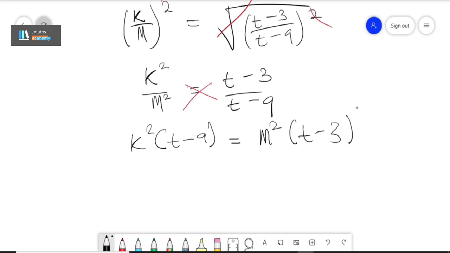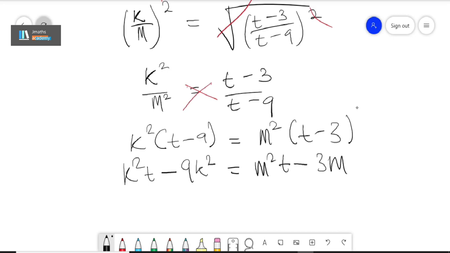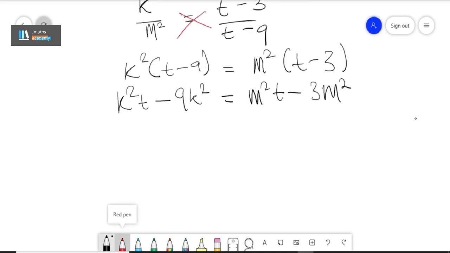So now we'll open the bracket. Multiply k square by t. We have k square t minus 9k square equal to m square t minus 3m square. So now we'll collect the like terms by bringing m square t from our right hand side to our left hand side.